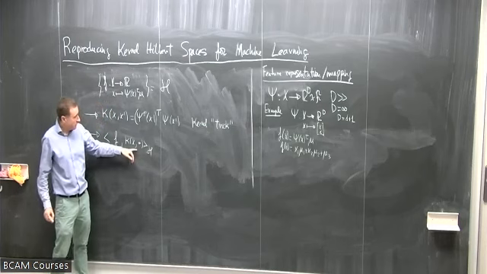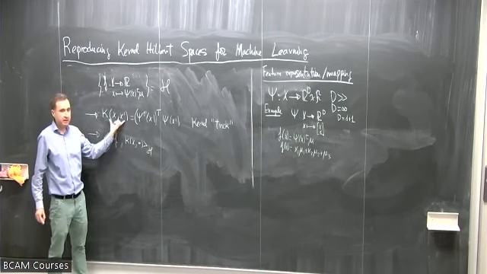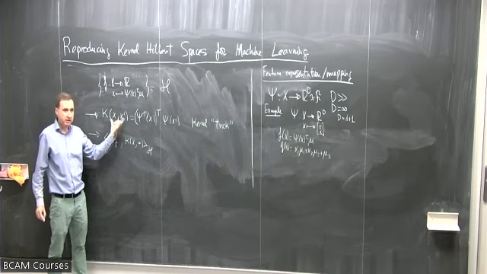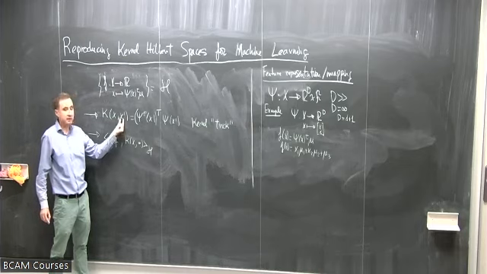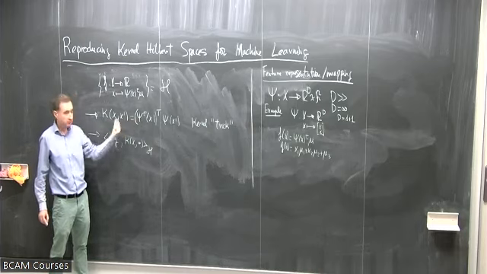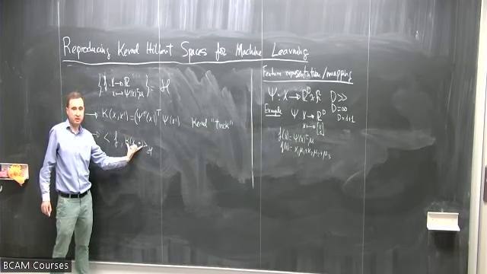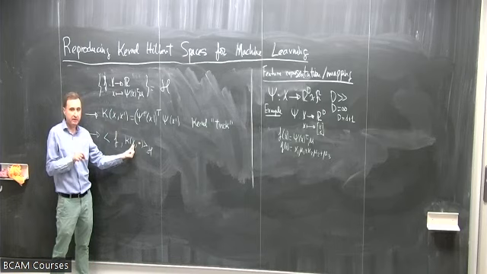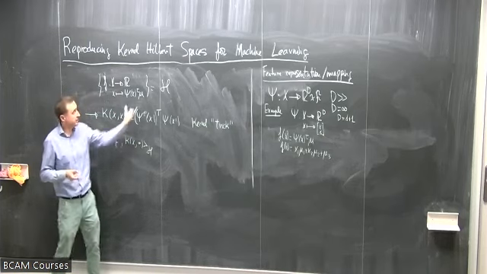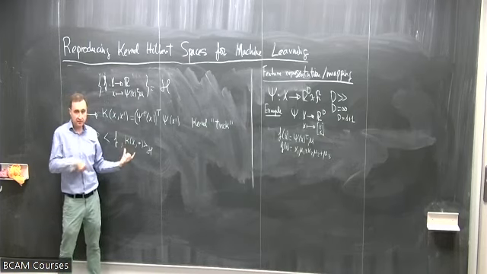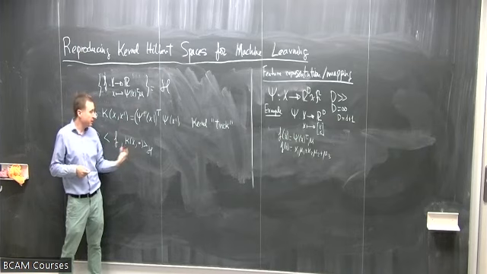The kernel is a function of two variables, right? If I fix one of the two variables, I end up with a function from x to r, in which I have fixed the first input. It so happens that this is also in the Hilbert space. This we will show in a minute.